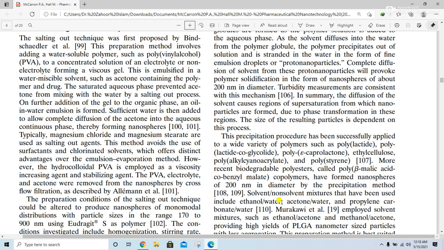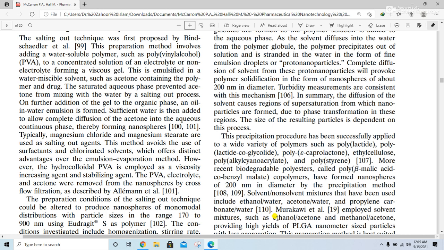More recent biodegradable polyesters and poly-beta-malic acids, co-benzyl malate, and copolymers have formed nanospheres of 200 nanometers in diameter by the precipitation method. The solvent and non-solvent mixtures that have been used include ethanol or water, acetone or water, and propylene carbonate or water.